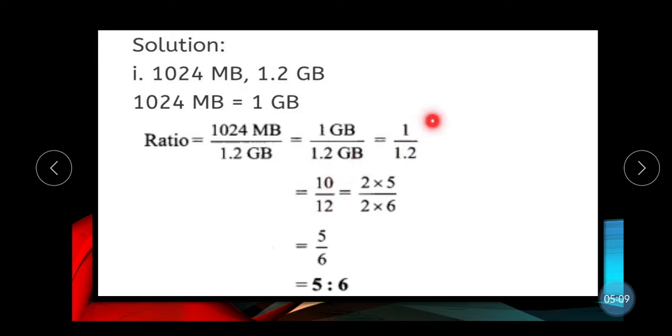So multiplying numerator and denominator by 10, we get 10 upon 12. Further reducing them, we get 2 into 5 upon 2 into 6. 2 gets cancelled. What remains is 5 upon 6. That is equal to 5 is to 6. Therefore, final answer 1024 MB is to 1.2 GB is equal to 5 is to 6.